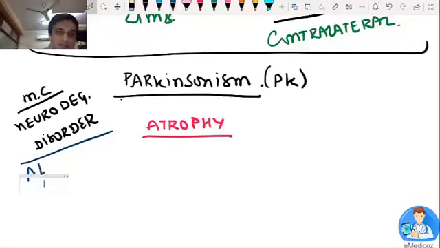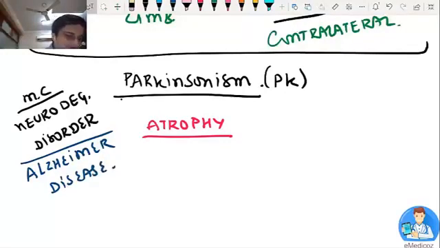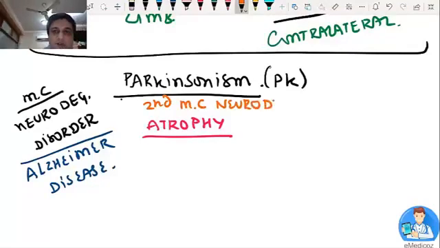Remember this: Alzheimer disease is the most common neurodegenerative disorder that we come across. But who is second? Life is a race, who came first? You know him. Second most common neurodegenerative disorder: yes, that's Parkinsonism. Parkinsonism is the second most common neurodegenerative disorder after Alzheimer, of course.